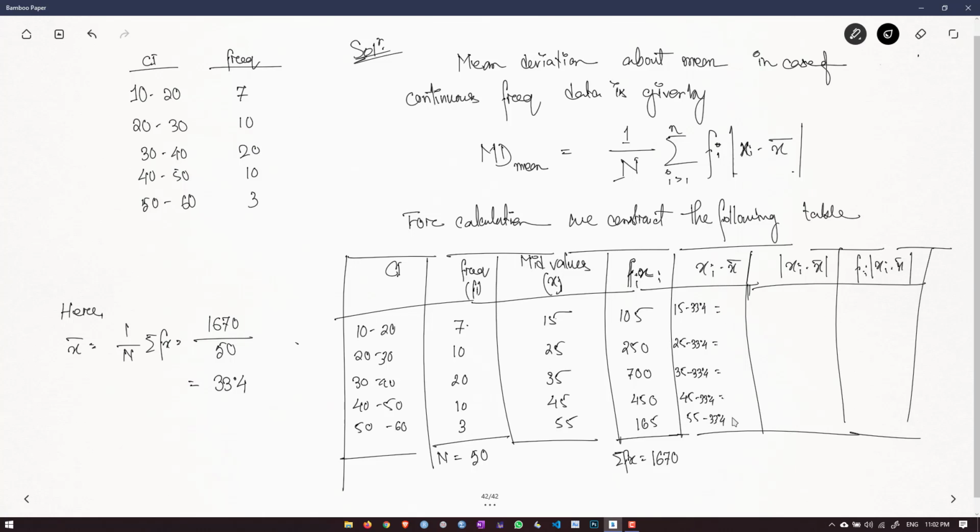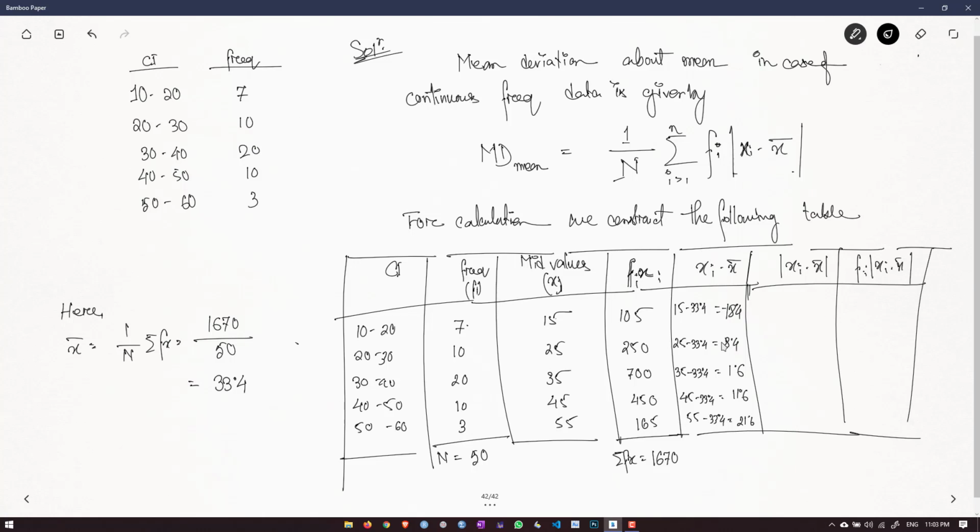So these values are 18.4, 8.4, 1.6, 11.6, and 21.6.